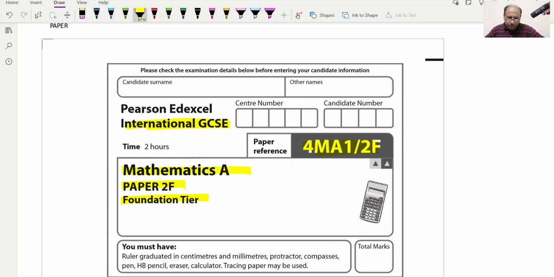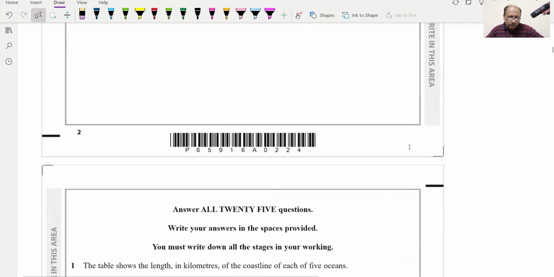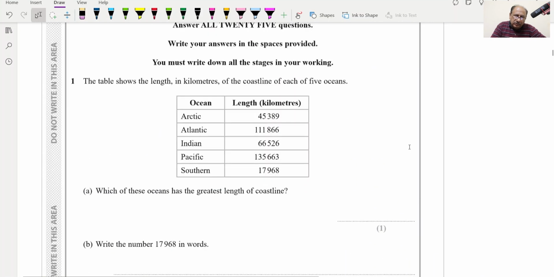Let us move to the question, and the question says the table shows the length in kilometers of the coastline of each of five oceans, and these are names of oceans and length in kilometers provided for each ocean. Part A: which of these oceans has the greatest length of coastline?